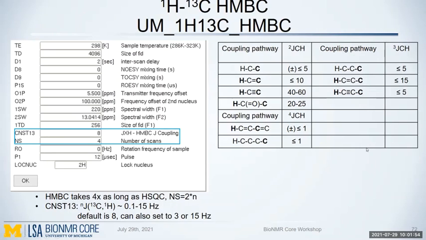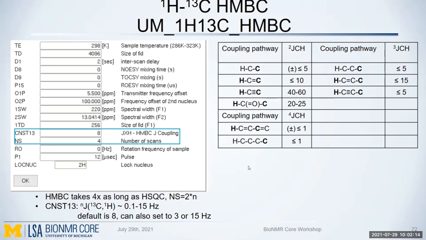Here, this table just gives you the common J coupling constants for different types of carbon and proton. You see most of those values are less than 15, but if you have unsaturated carbon and proton, these values may go to like 20 or 40.